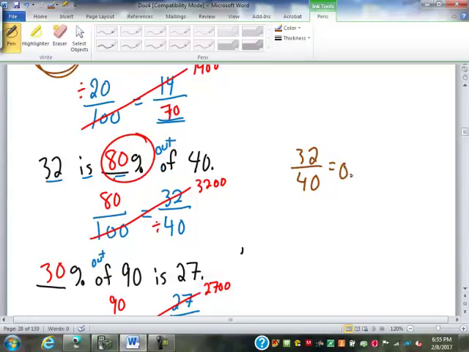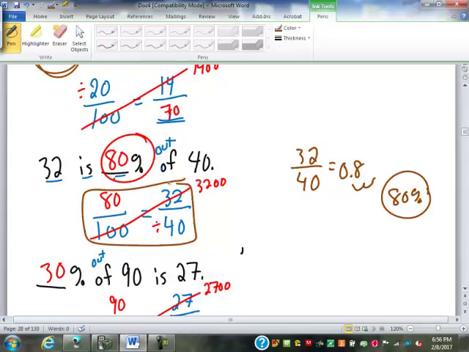Here we do 32 divided by 40 is 0.8, and then move the decimal point to make it a percent. So that rate method of percent is quicker, and I'll be honest, that's the way I do percents when I'm doing them in my head up here. But there's a lot more chance for mistake because you have to figure out what method you're using. Are you multiplying by the decimal? Are you dividing by the decimal? Or are you dividing out first and moving the decimal point later?